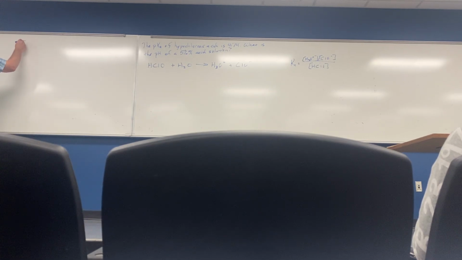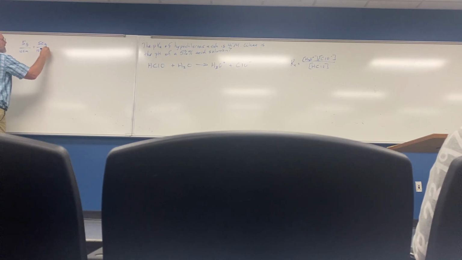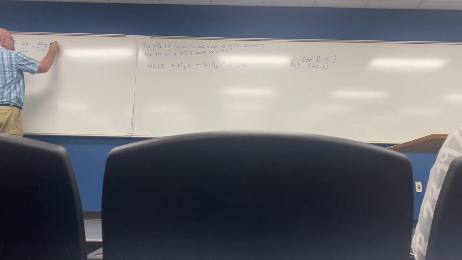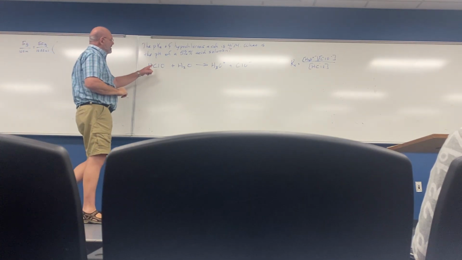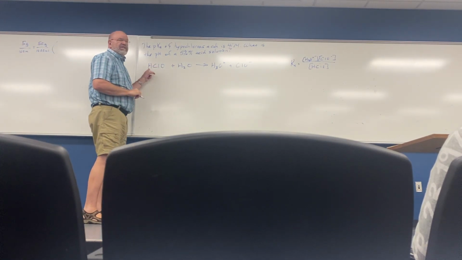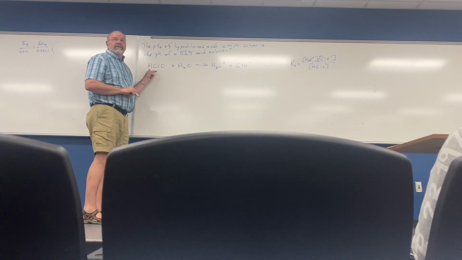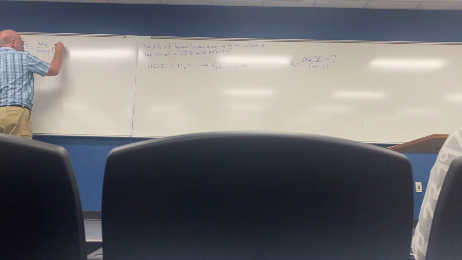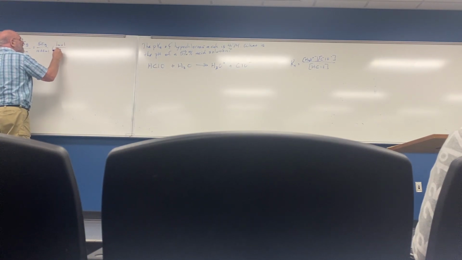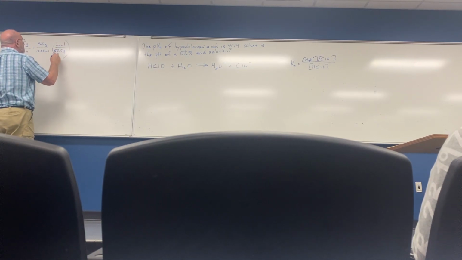So 5 grams per 100 mils is going to be equal to 50 grams per 1,000 mils. 52 and a half. Does that sound right? Sounds about right. Okay, so 1 mole is 52 and a half grams.